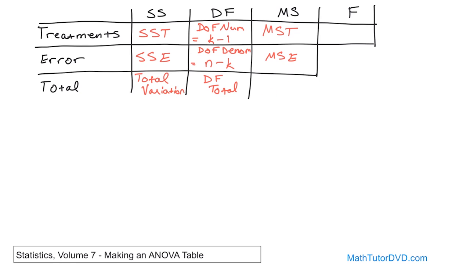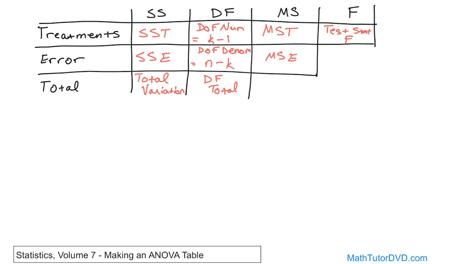That's why I don't have this bar connect, because you don't usually add them together. You could add them if you want, but it won't really mean anything. And then F over here, it doesn't necessarily mean F treatments, but it's basically the test statistic. That's the big test statistic.